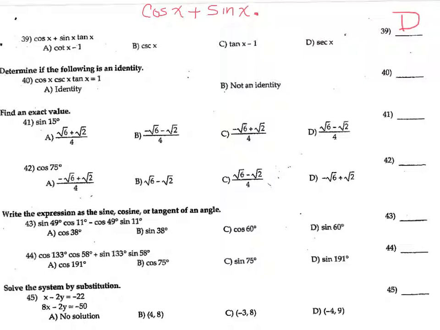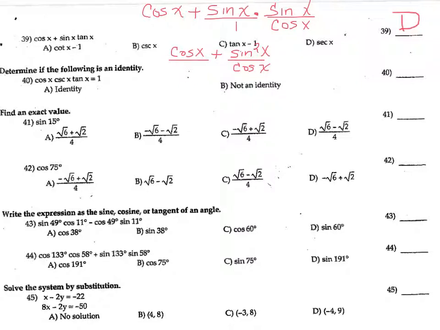I need to rewrite tangent. Do any of you remember what tangent is in sine and cosine? What is tangent? Sine over cosine. So when you have sine over cosine and you multiply those two, you're going to have cosine of x plus sine square of x over cosine.